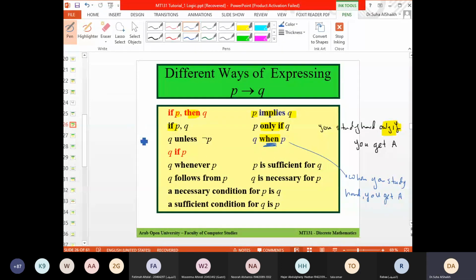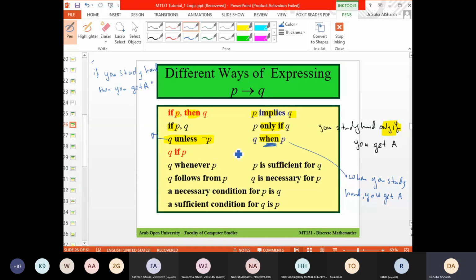Okay. Also هذه واحدة من الفيمس اللي هي Q unless the negation of P. قولوا لي مثلا السنتنس هذه كيف أسويها Q unless negation of P. You study hard if you study hard then you get an A. هذه السنتنس العادية. اكتبوا لي إياها كذا.